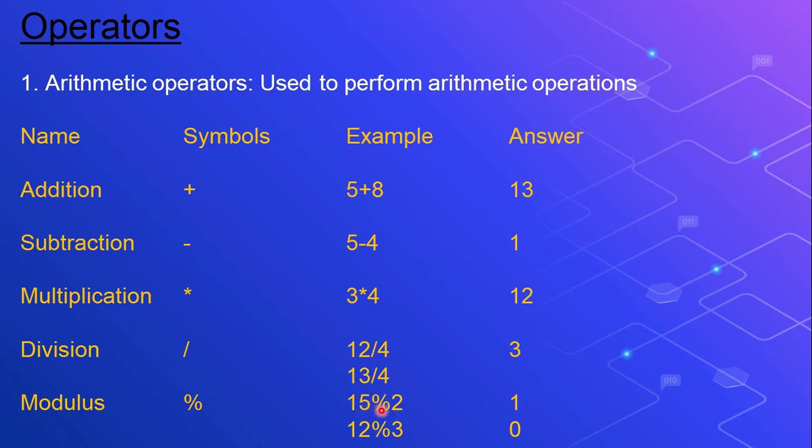So this operator will give you 1 only, meaning the remainder. 12 modulus 3. 12 when you take modulus with 3, then you will get 0 as the remainder. So that 0 will be returned here. There is a difference between modulus and division operator. Division means quotient. Modulus means remainder.